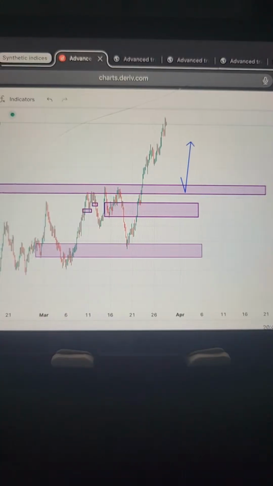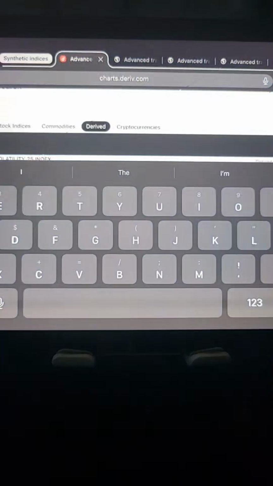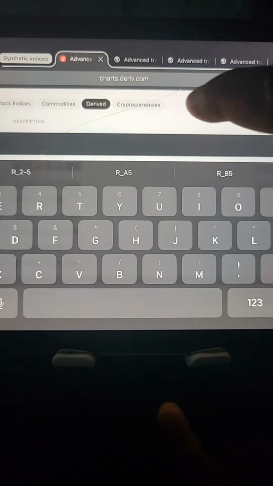So this is volatility 25. I'm analyzing synthetic indices assets. So let's go back to volatility 75, where I'm live on the trade. So we can see what is happening there currently on volatility 75.